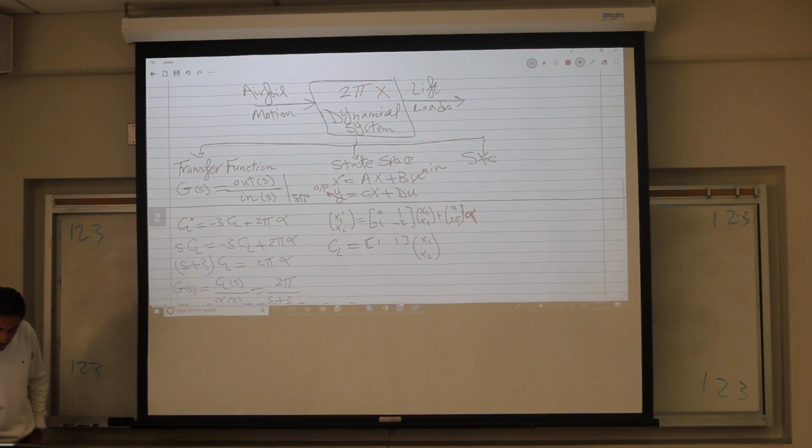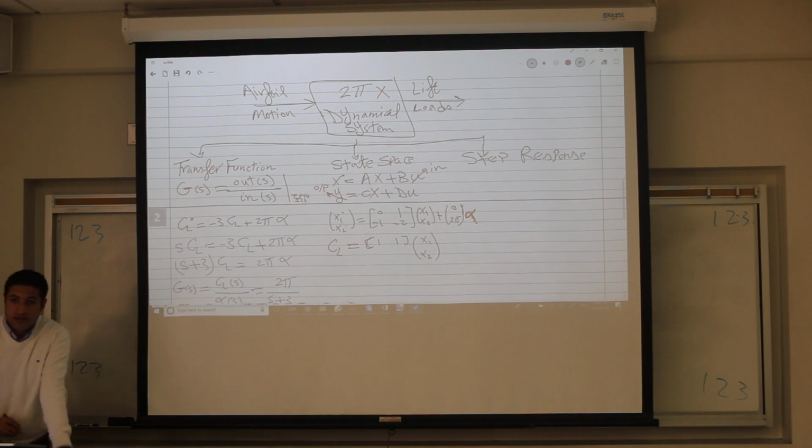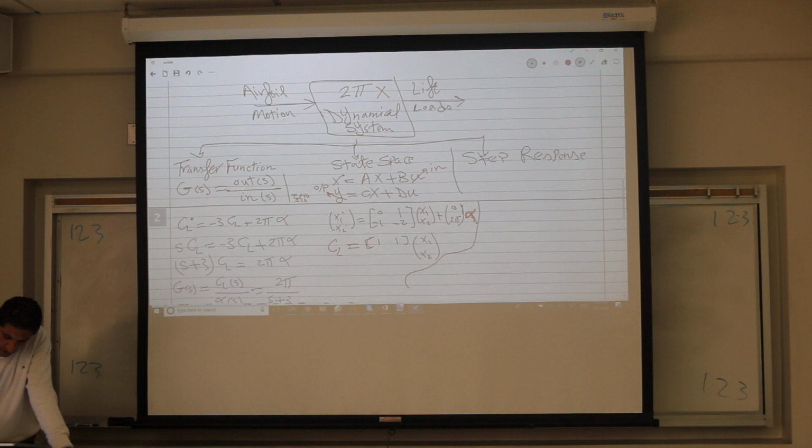This is very easy, step response. If your system is rich enough, go and give it a step. By the step response we mean the transient. So this is the definition of the step response. You have your input as a function of time, u, which here is alpha.